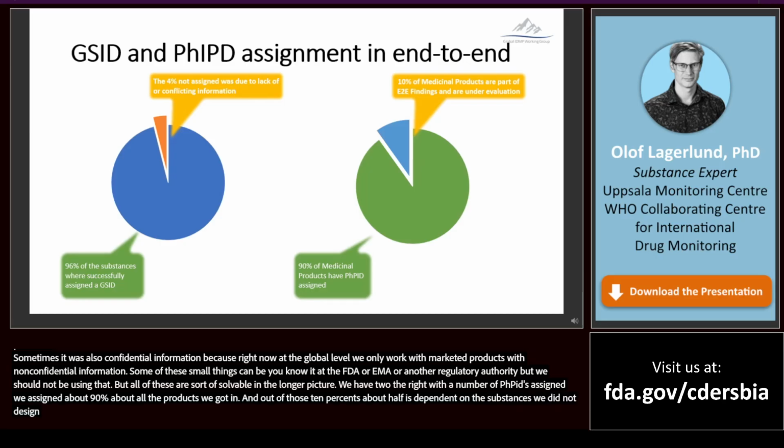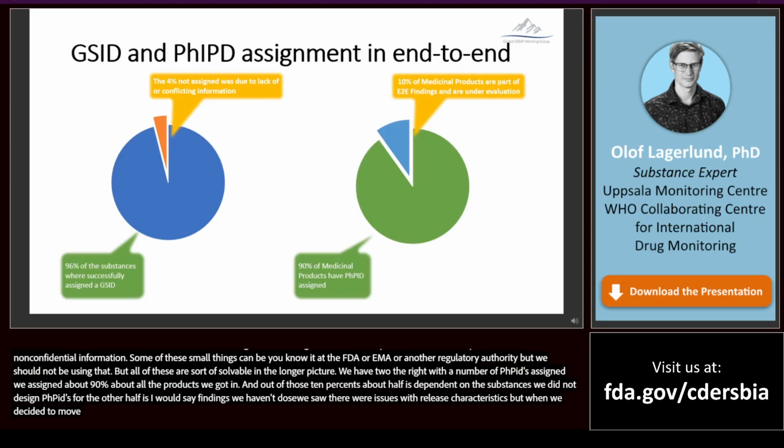And the other half is findings that we have discussed here today, because this was before we took all the decisions, but we saw that, for instance, there were issues with release characteristics. Now that we decided how to move on, we can take a great proportion of those 5% that's left and assign PhPIDs.